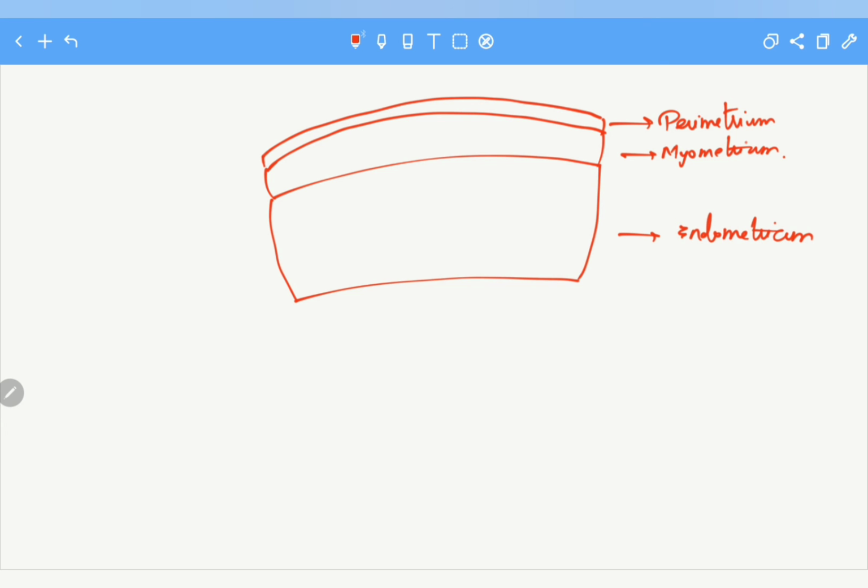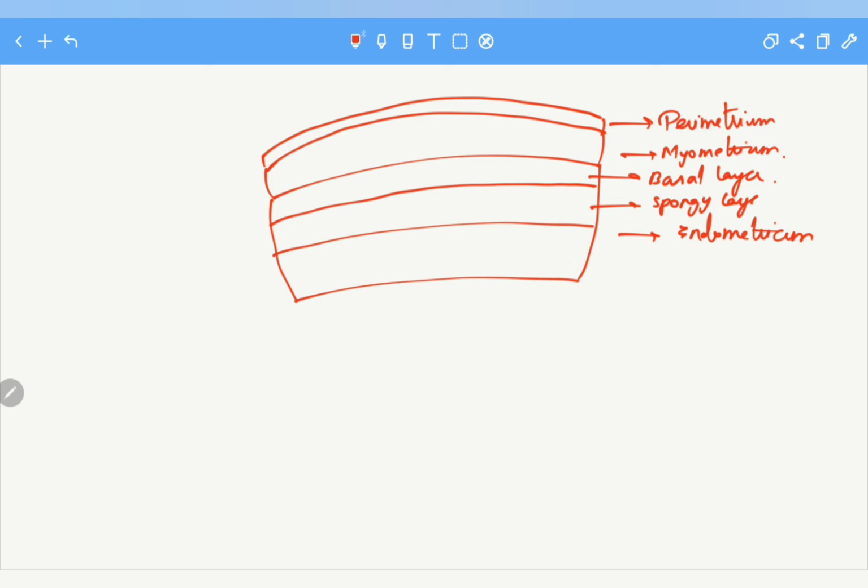In the endometrium, the layer closer to the myometrium is called the basal layer. After that it is the spongy layer, and after that it is the compact layer, to which the embryo attaches itself, right?